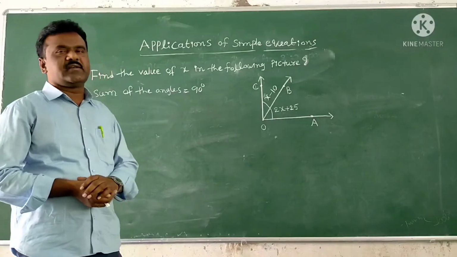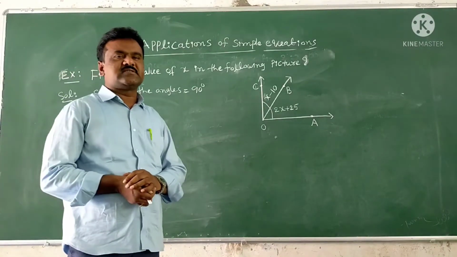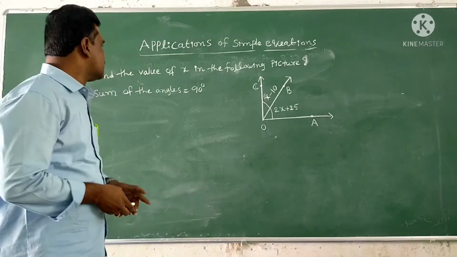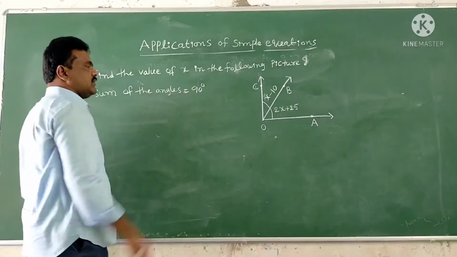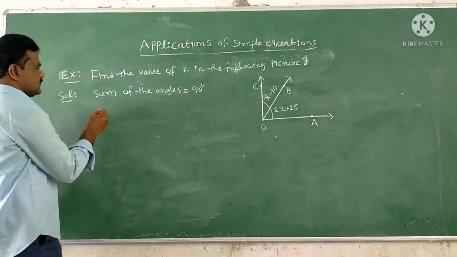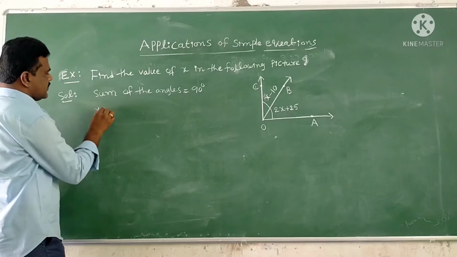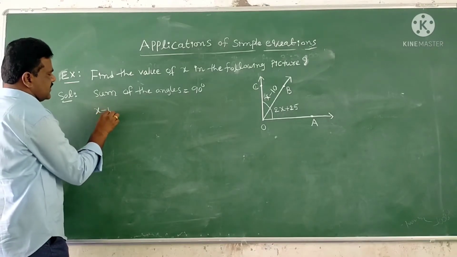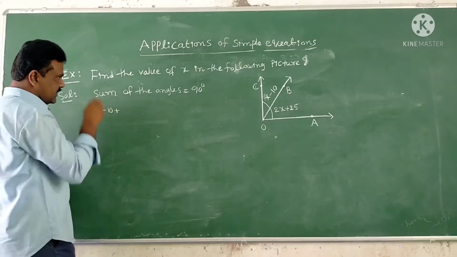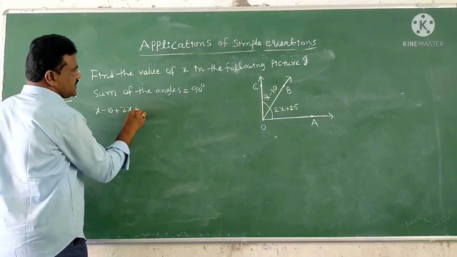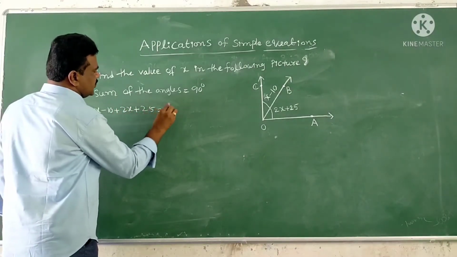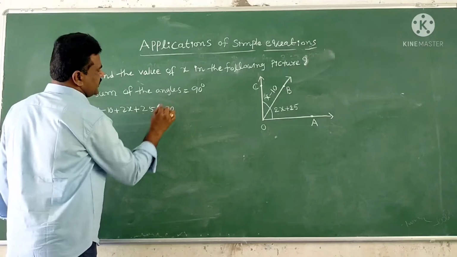What is the value of a right angle? The value of right angle is 90 degrees. So, sum of the angles is 90 degrees. From the picture, first angle x minus 10 plus second angle 3x plus 25 equal to 90.